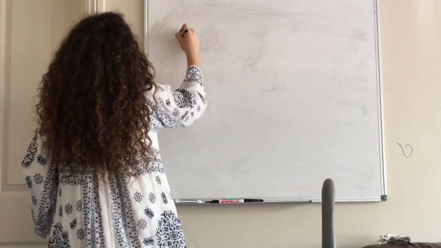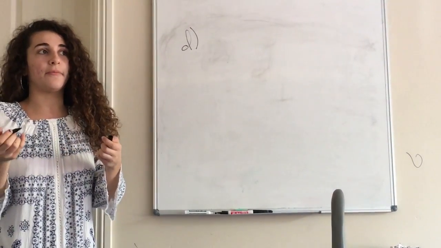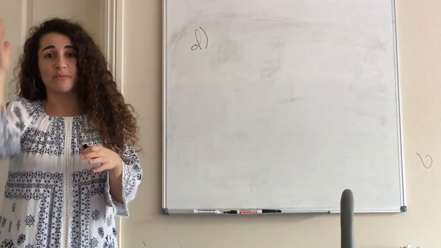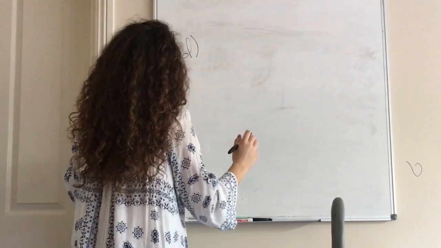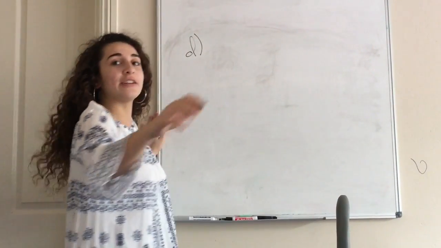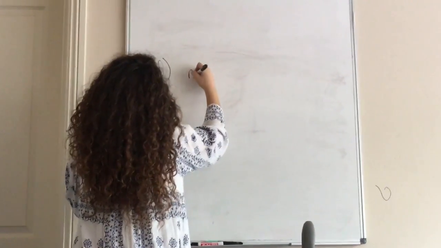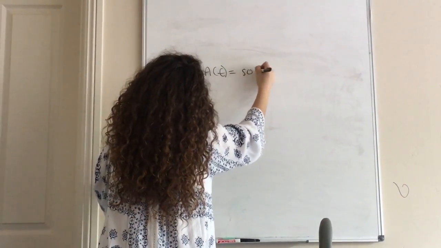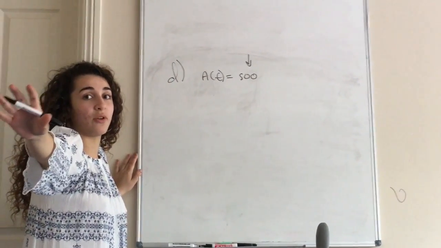So for part D, it's asking us to find the maximum amount of unprocessed gravel at the gravel plant during the whole workday. So we do that by, let's find a new letter. Let's use A. So we're going to do A of t equals 500, because this is how much unprocessed gravel we started out with.